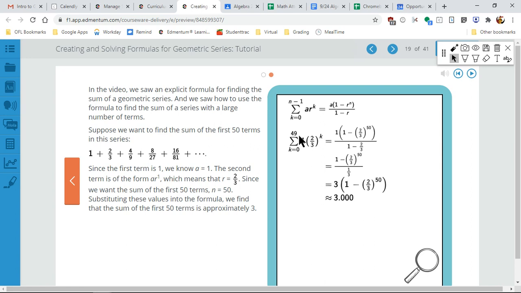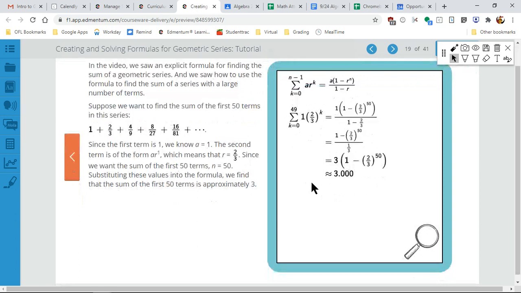So if this is a 49, there's 50 terms because we start at 0. And then 1 minus r. So if it's 2/3, 1 take away 2/3, we're left with 1/3. All right, and then we would just plug this in and it would give us a sum.